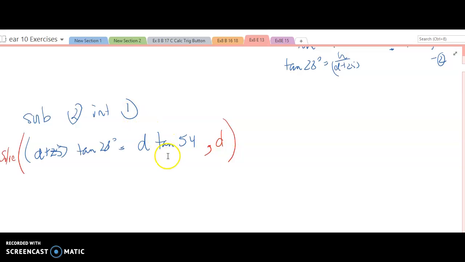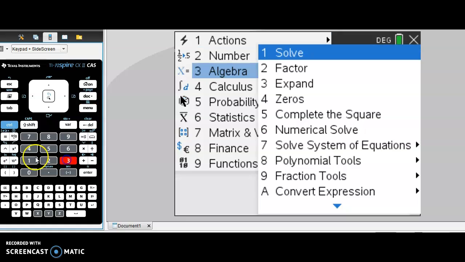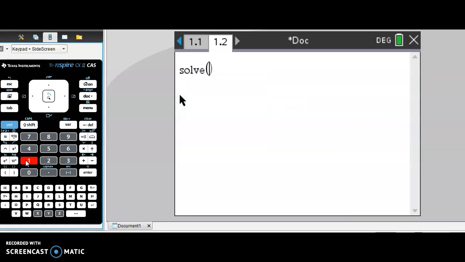Let me just pause while I get my calculator. Okay, so it's menu 3.1, solve.